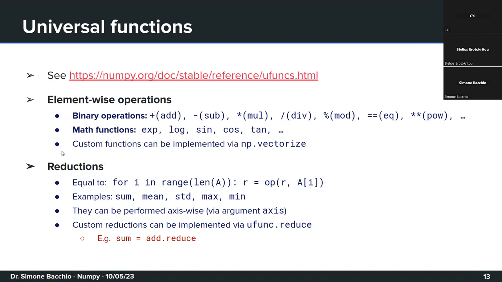Then another kind of operations are reductions. Reductions are operations that reduce the size of your data. Basically you go from 1,000 elements to 1. These are what are named reduction operations. Examples of these are the sum, which sums all the elements of your data, the average, the standard deviation, the maximum value, the minimum value.